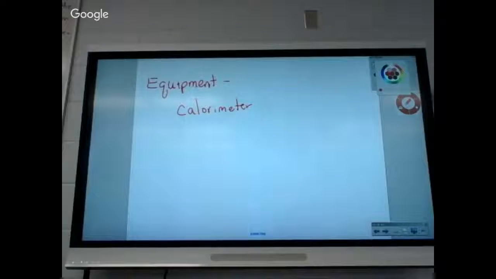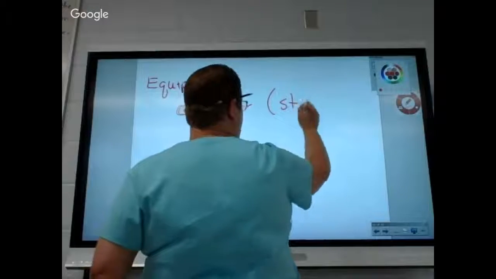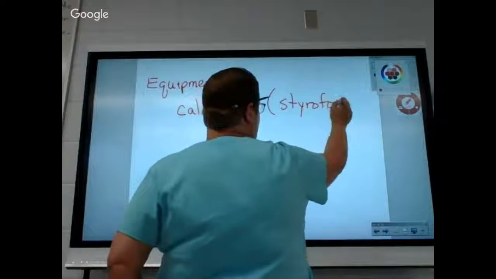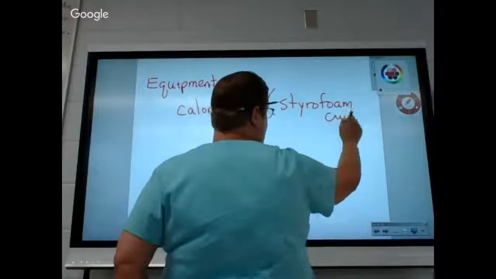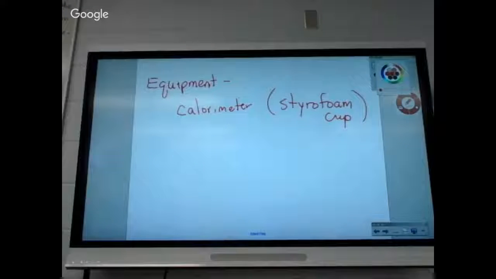But we're going to substitute a styrofoam cup. Because we're a poor school and we can't afford real calorimeters, so we're just going to go to Food Line and buy some styrofoam cups. Okay?